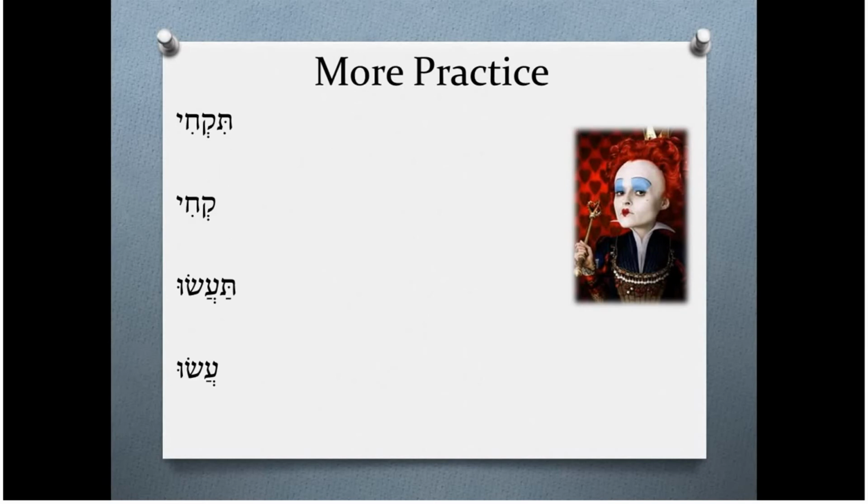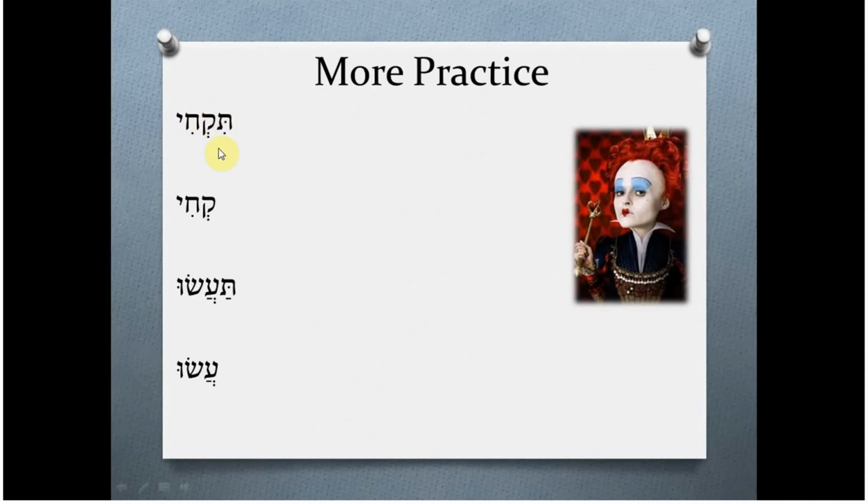Let's look here at another one, tikhi. It's kind of a challenging one to put all together because of all these k's and chet sounds. Okay, so what do you think about this first verb? And it is imperfect, right? Because we have the tav, and the hirik yod should tell us something. Maybe that it's second feminine singular.